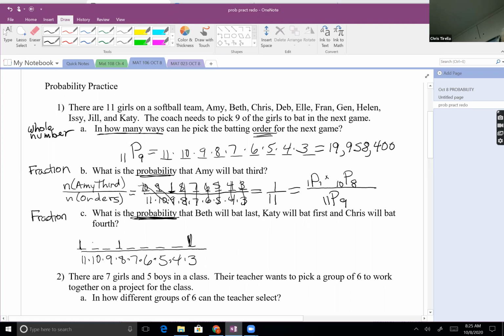And so now I have 8, then 7, then 6, then 5, then 4, then 3 ways of picking the next players. The 8, 7, 6, 5, 4, and 3 are common factors. In the numerator, it multiplies to 1, and the denominator, it multiplies to 990.